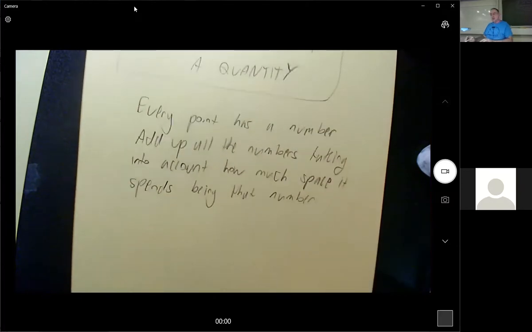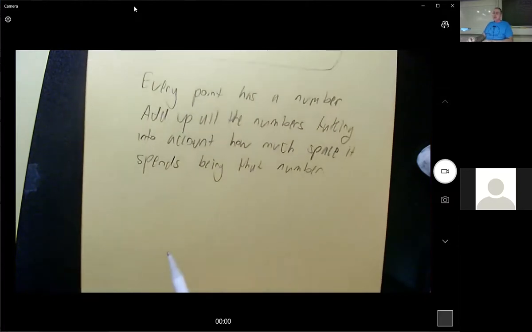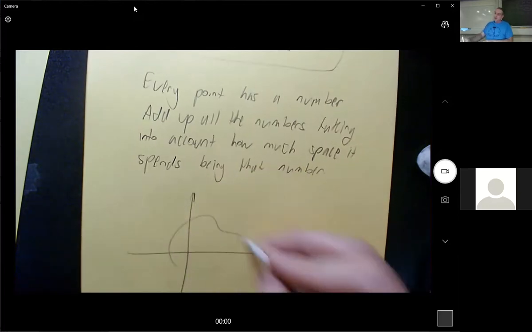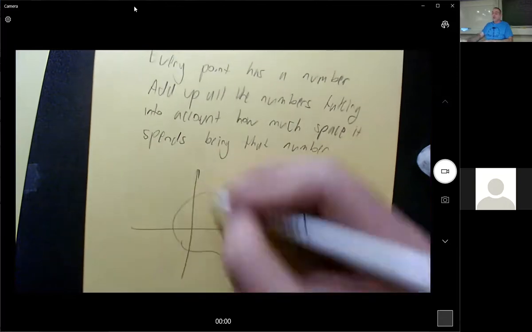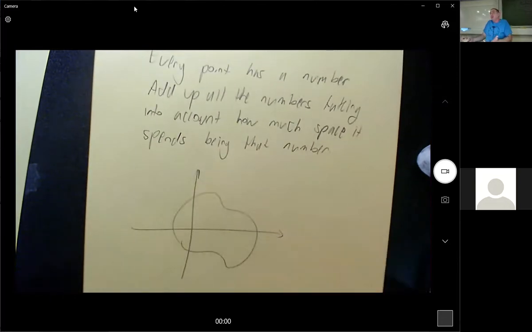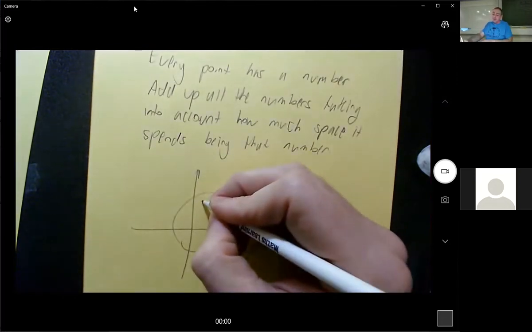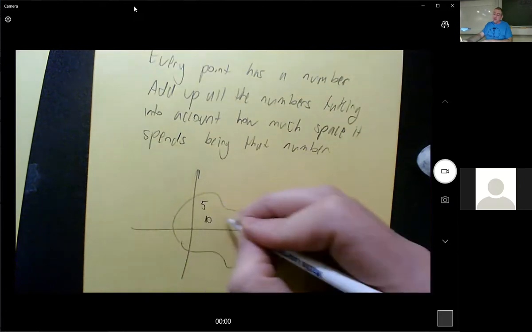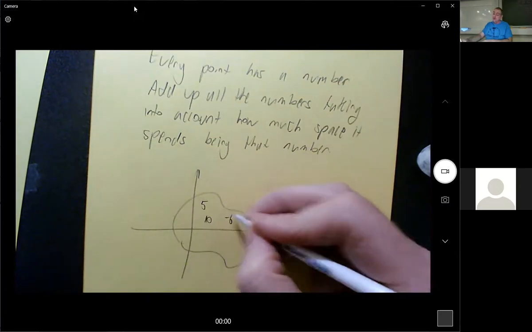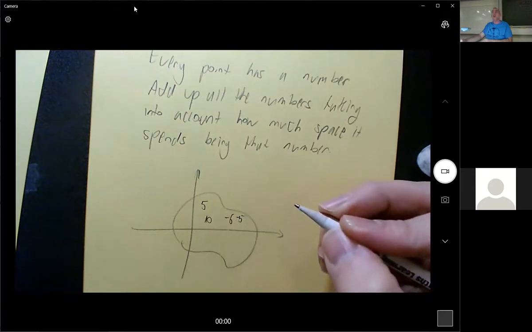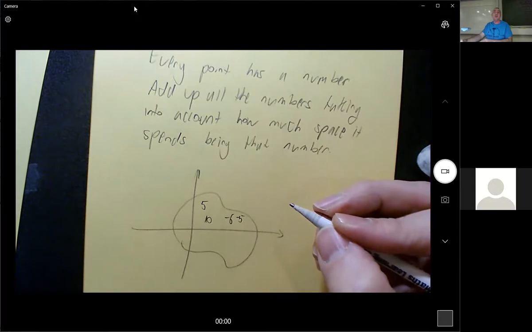So what I mean by that is, if I was in R2 and I had a region like this, and every point in this region had, say, a temperature, and so maybe it's 5 here and 10 here and -6 here, and if I only move a little bit, it's quite close to the temperature that it is nearby. That's how these functions work.